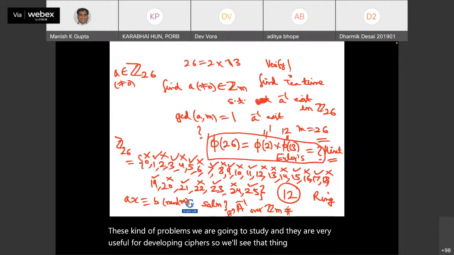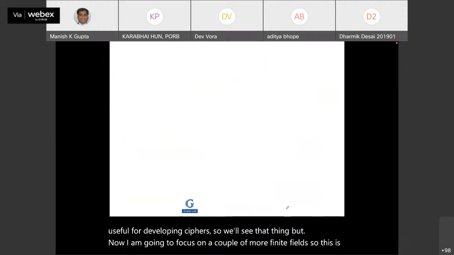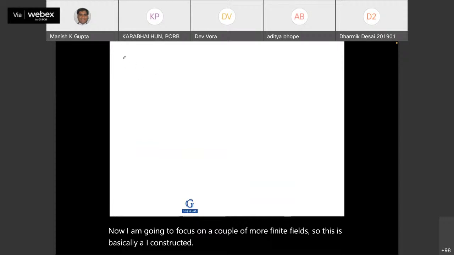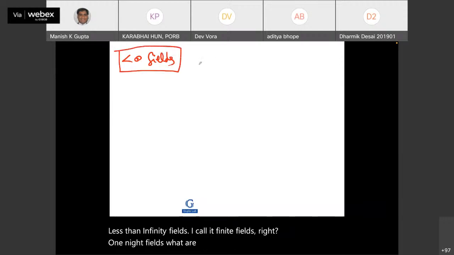But now I am going to focus on a couple more finite fields. So basically I constructed fields with less than infinity elements. I call them finite fields, right? What are the finite fields?